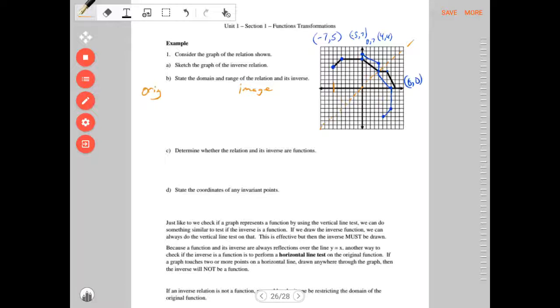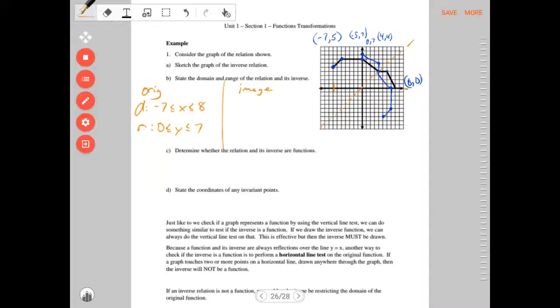So the domain is -7 up to +8. The range, on the other hand, went from 0 up to 7. So 0 up to 7.